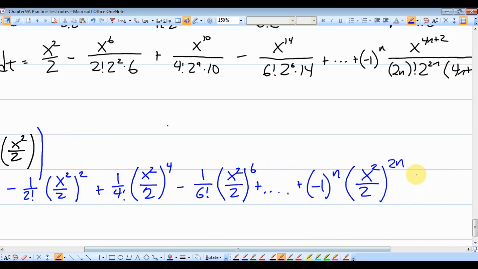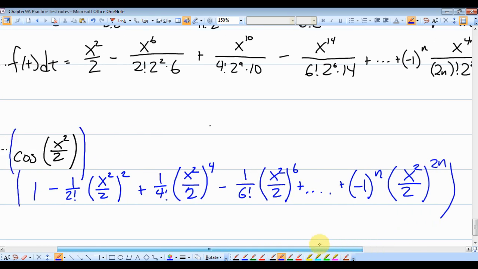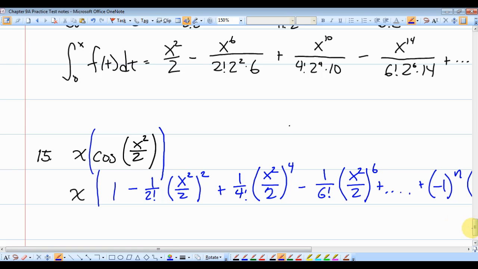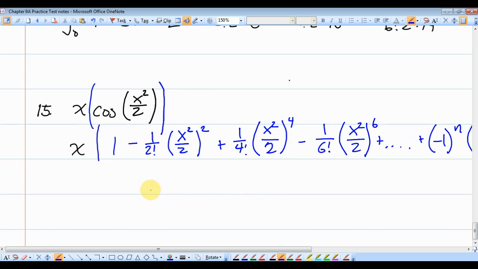And I'm going to rewrite this one more time, keeping the x's and the other coefficients separate.